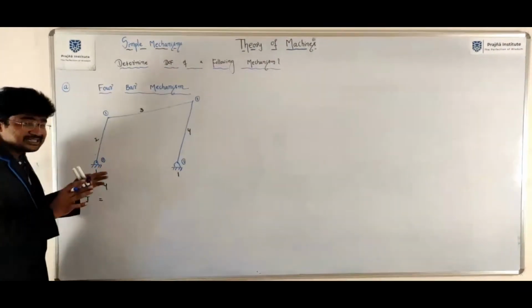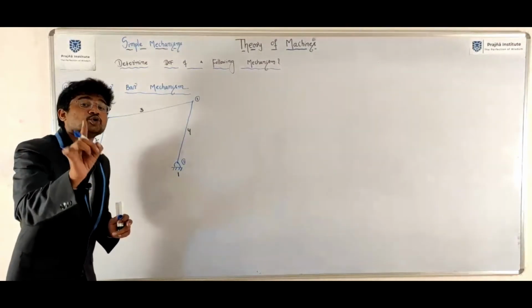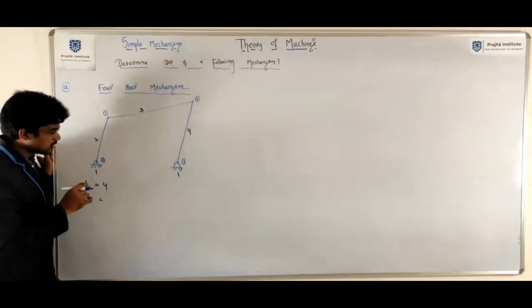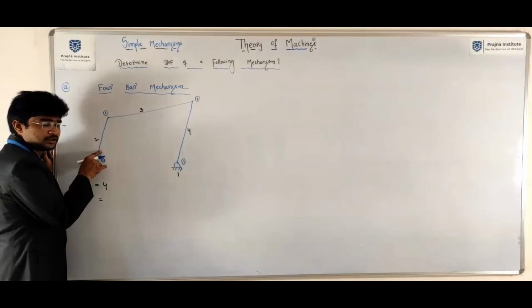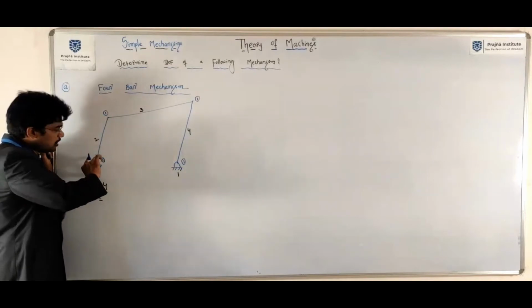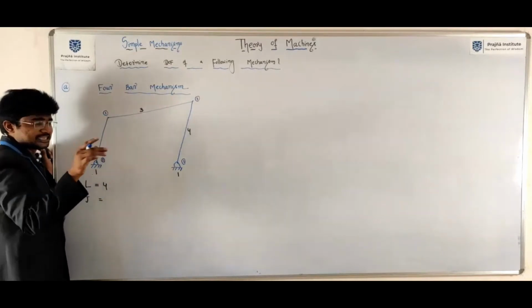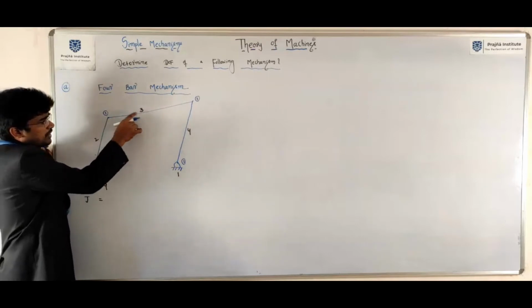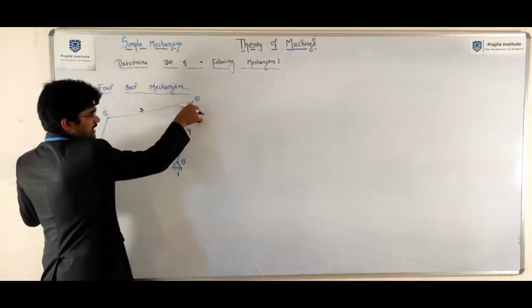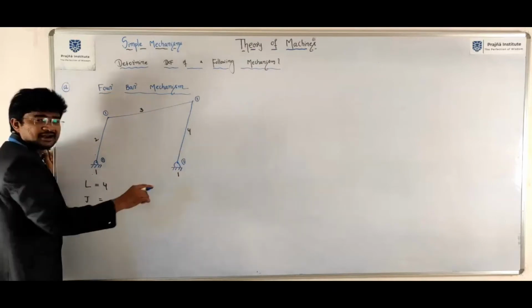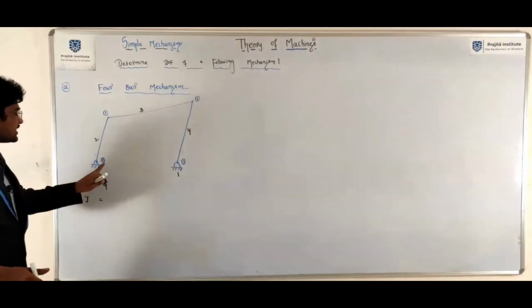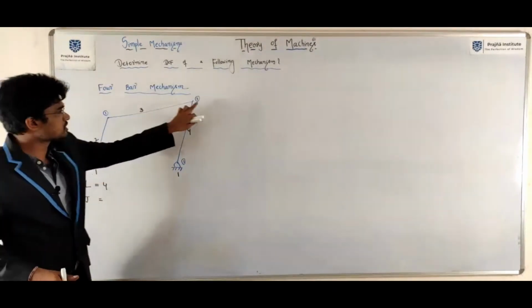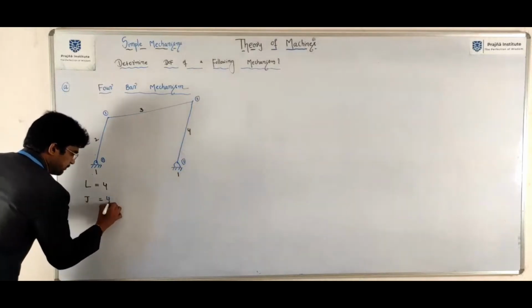We need to see the relative motion between two links. Relative motion between 1 and 2 is a turning pair, pure rotation. 2 and 3, 3 and 4, 4 and 1, all turning pairs. Total 4 turning pairs.